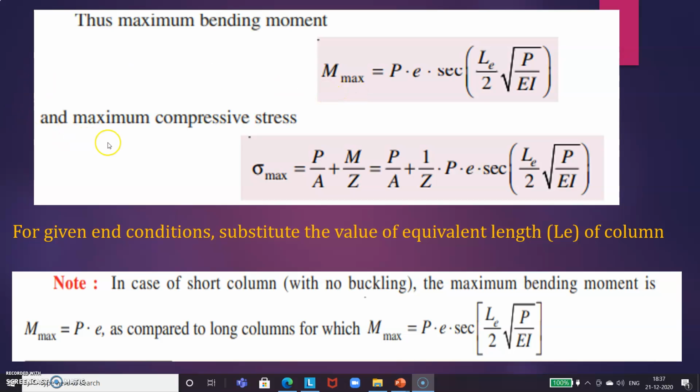After that, you have to calculate the maximum stress. In the case of long columns, that is compressive stress.